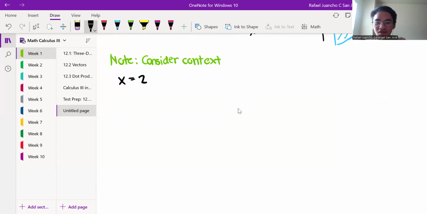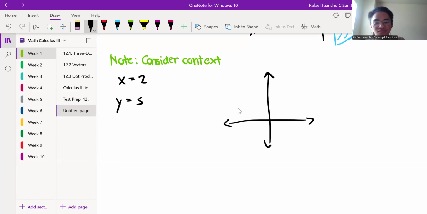x equals 2, y equals 5, z. No, I'm kidding, not z. In a 2D perspective, x equals 2, well, you already know what x equals 2 is. It's this vertical line where this point is 2. This is the origin, right? Makes sense?